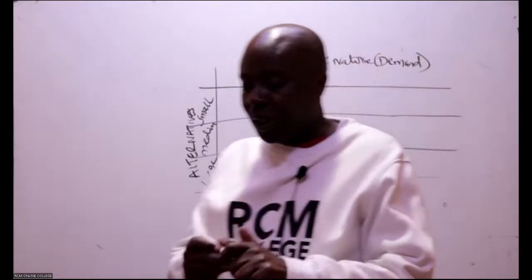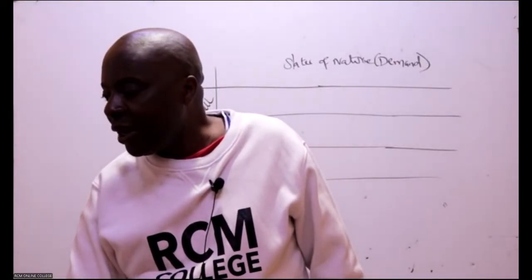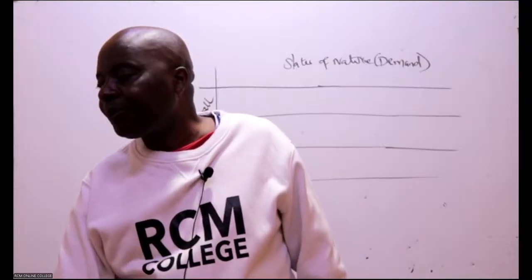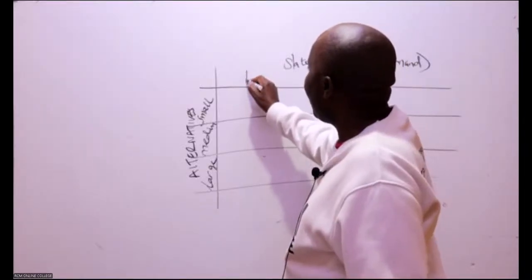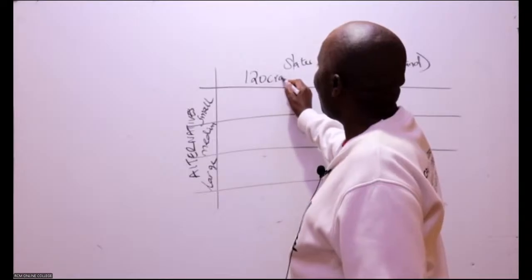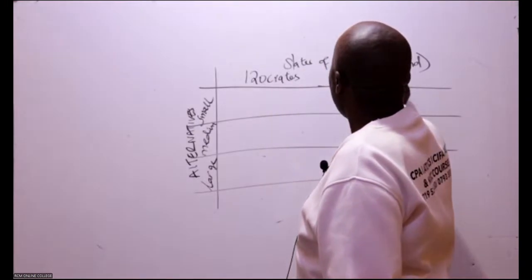They have told us that at the end of the day, we expect the demand to be either 120 or 190 crates. 120 crates. I can even write here crates just to make myself bigger. 190 crates.